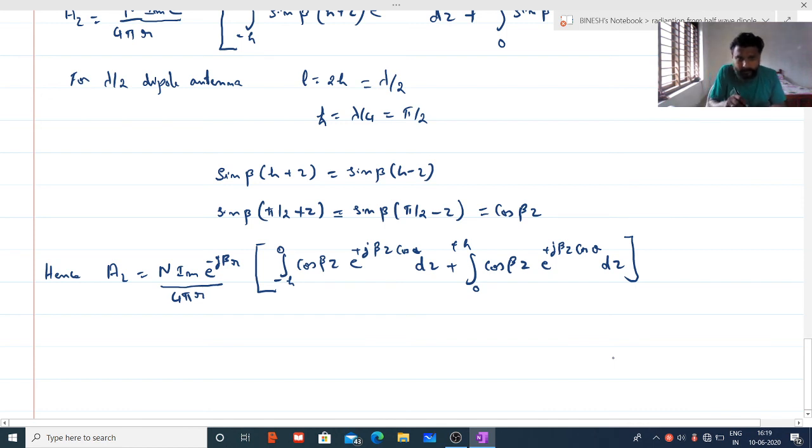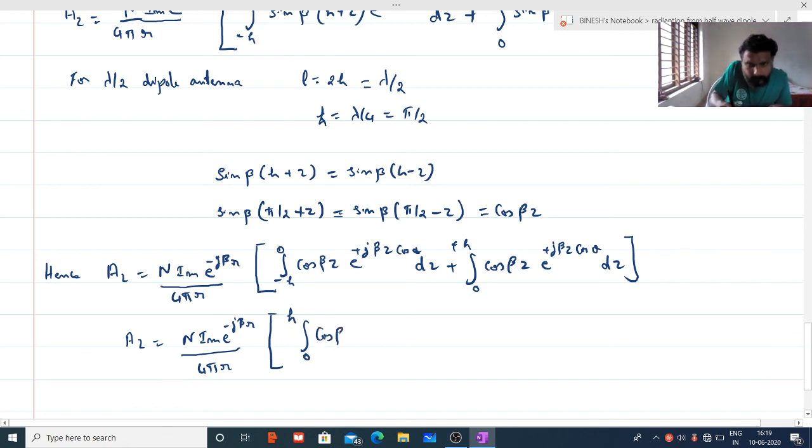A z can be written as mu I m e raised to minus j beta r divided by 4 pi r, into integral from 0 to h of cos beta z, and in the bracket I write e raised to j beta z cos theta plus e raised to minus j beta z cos theta, into dz.